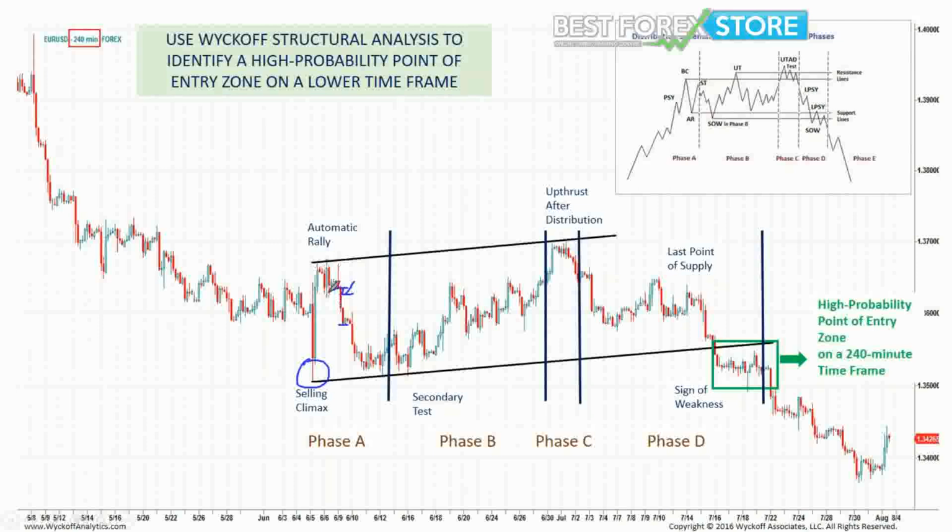But we know that if this is a climactic action, and this definitely acts as a change of character automatic rally, then at some point we're going to have some kind of reversal. So in effect, we're just waiting for that reversal in some kind of congestion area, right? So here is the congestion, and here we would be looking for the signs of the reversal or the signs of inability to commit to the upside. So here is your inability to commit to the upside.